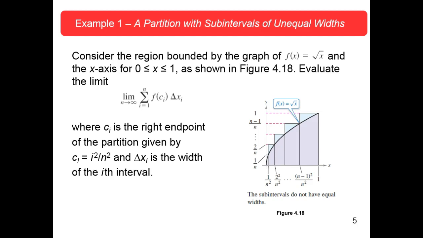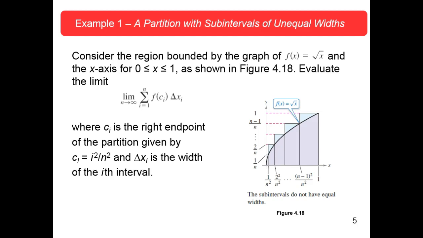Certainly it's positive from 0 to 1. Here it's 0, 0, there it's 1, 1, and it's something else in between, always positive. We want to evaluate the limit as n goes to infinity of the summation from i equals 1 to n of f of c sub i times delta x sub i, just like we did before, with the only difference that our delta x sub i is not a constant.